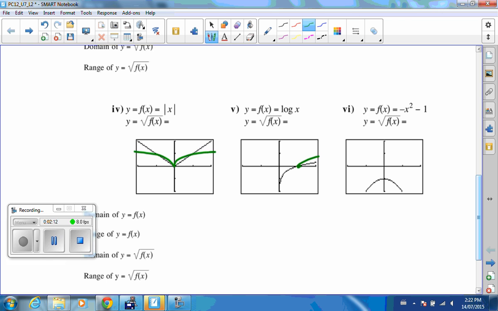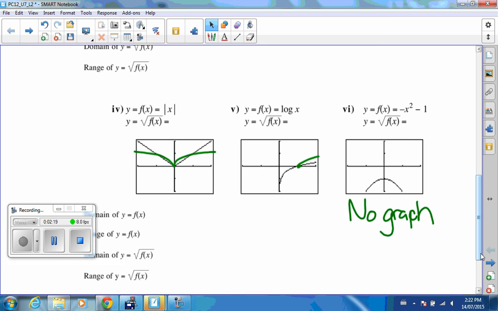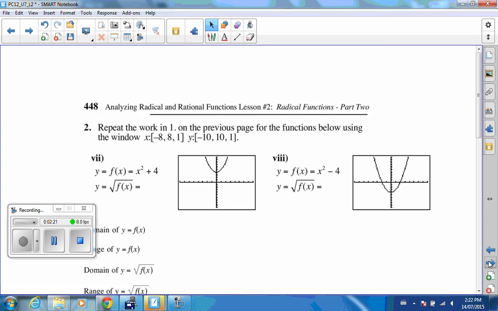Eventually they'll cross, but not for a long time. And this one, there's just no graph. Here, this is going to look kind of like that. And this thing here is going to look like that. I didn't draw that part very well at all. It should look more like that. I should actually see the original graph underneath.